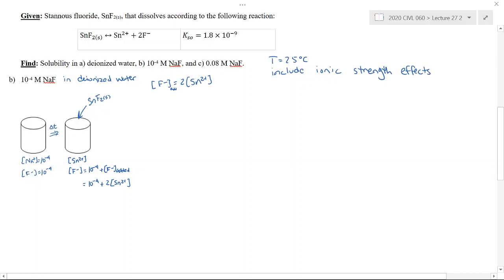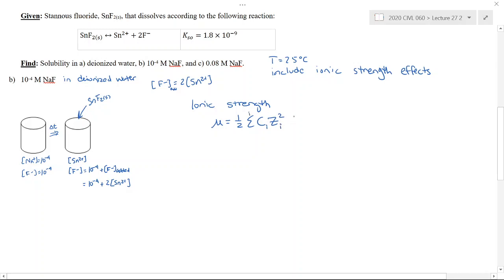To do that, the first thing I need to do is to calculate the ionic strength. The ionic strength is mu, which is 1/2 summation C Z squared, and we sum this over the i species.